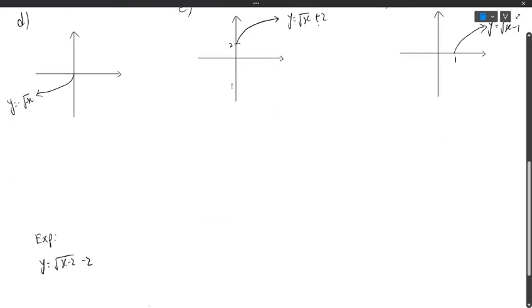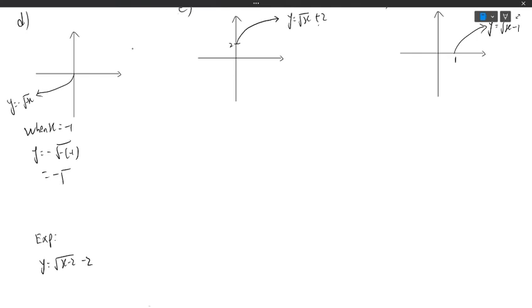Next is d. D is y equals negative square root of negative x. When x equals negative 1, y equals negative square root of 1 times negative 1. So you become the negative square root of 1, and you become negative 1.